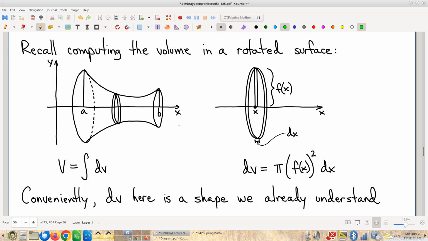If you have some area, and you take that area and rotate it around the x-axis to produce a volume, and you want to compute that volume, the way we do it is by looking at one little bit of that volume at a time, and that little bit of volume is a cross-sectional area times a thickness.